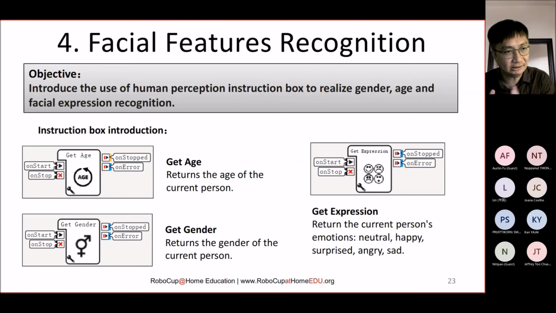Okay, then the third box is Get Expression, and inside this Get Expression box, it will return neutral, happy, surprised, angry, or sad. So these are the emotions that can be estimated based on the facial expression, the facial features of the person in front of Pepper.